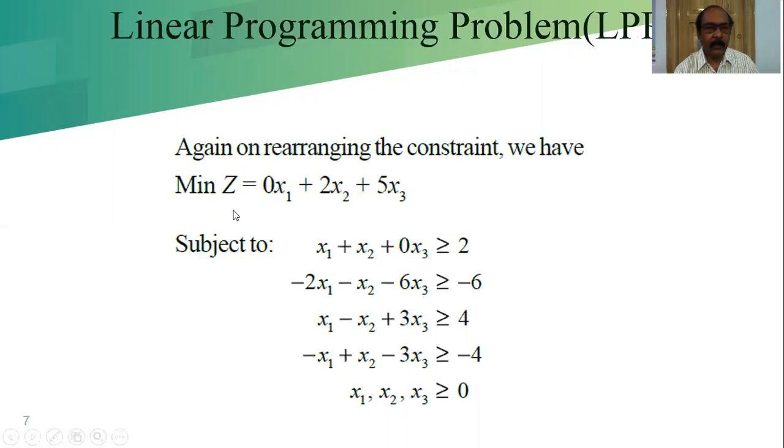And the Z function will be maximize. Z1, we can write any other variable, that would be maximize 2 W1 minus 6 W2 plus 4 W3 dash minus 4 W3 double dash.